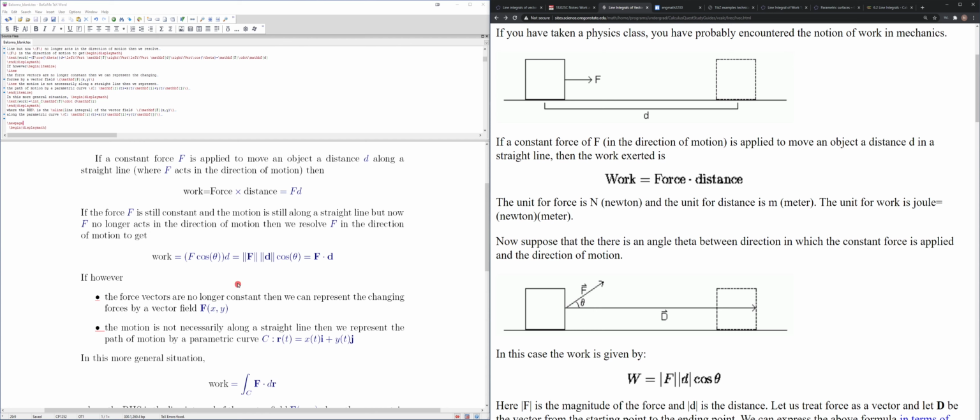So work is your force vector dotted with the displacement vector. And the nice thing about this dot product is that it also accounts for the fact that your force vector isn't necessarily in the same direction as the motion. So this expression will automatically resolve the vector for you.